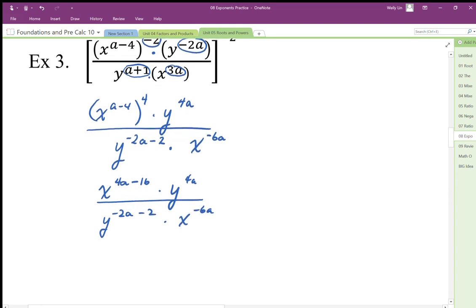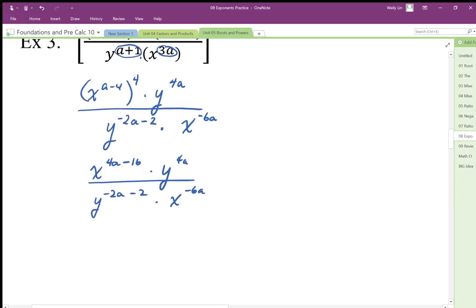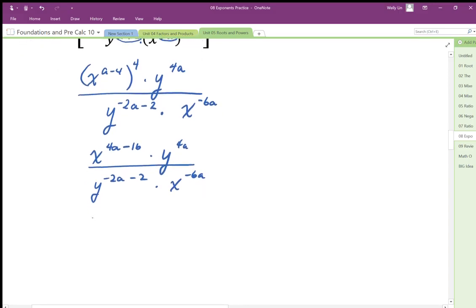Now notice that that's all negative. We should really bring those all into the numerator because these are all divides and it's all in the denominator, so this all should end up being multiplication. So I end up with 4a minus 16 plus, actually maybe I'll do it in steps here, times x to the positive 6a.